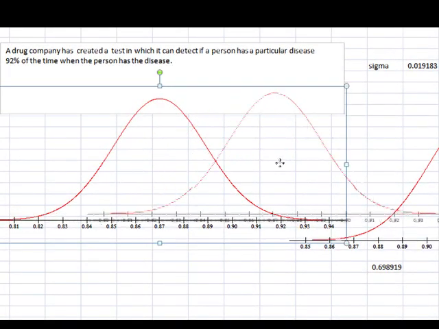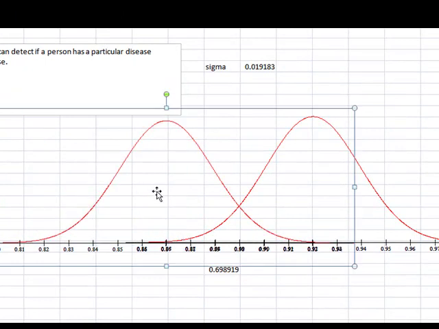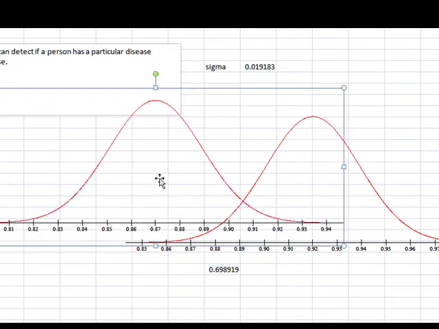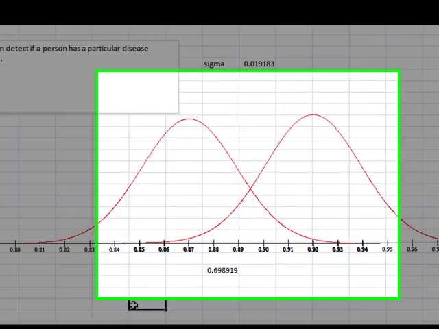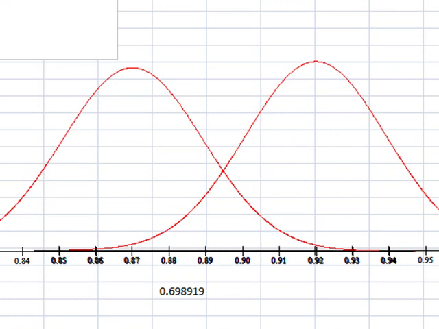So again, if I superimpose these two together, I get this picture right here. You'll notice both axes contain the 88%, but under two very different distributions, two very different scenarios.